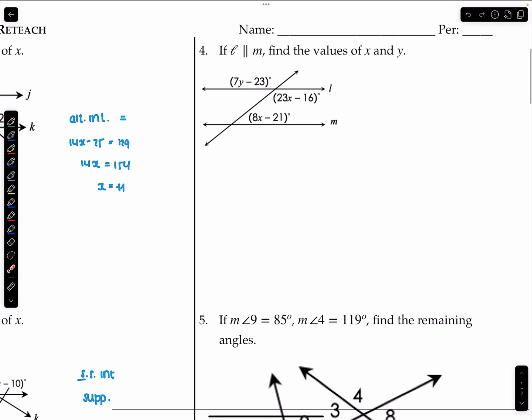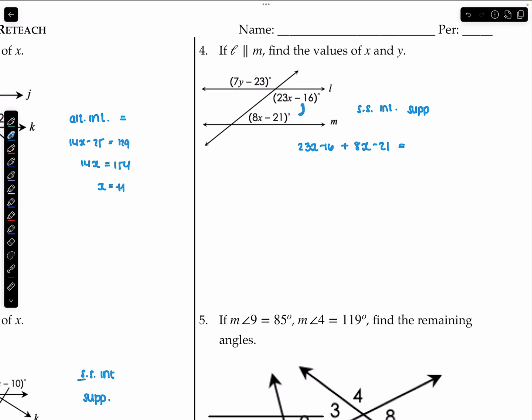Similar story right here. Our x's are in between the two lines L and M, so these are the same side interior angles. And these angles are supplementary. So 23x minus 16 plus 8x minus 21 equals 180.